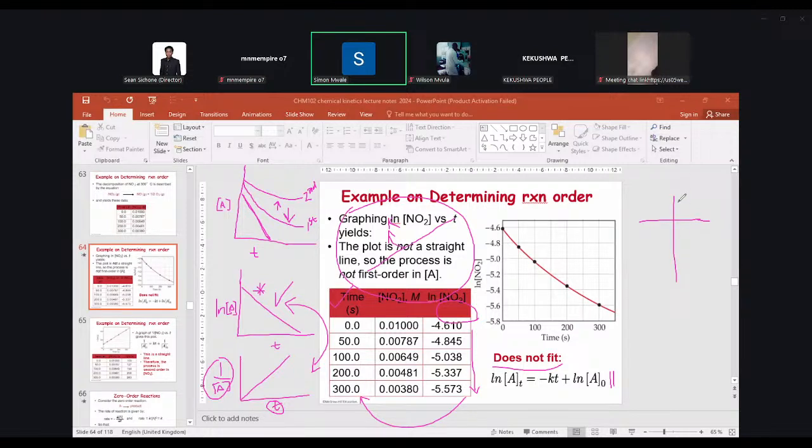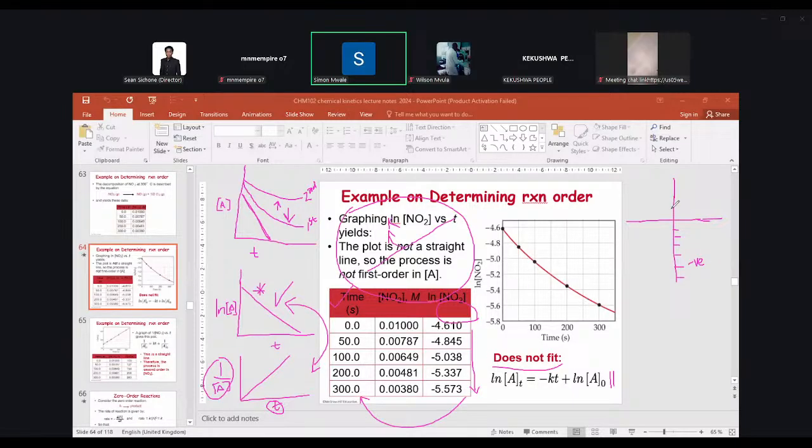Yes. We are together? Yes, sir. So the y-axis, these are the negative values down here. These are the negative values for the y.